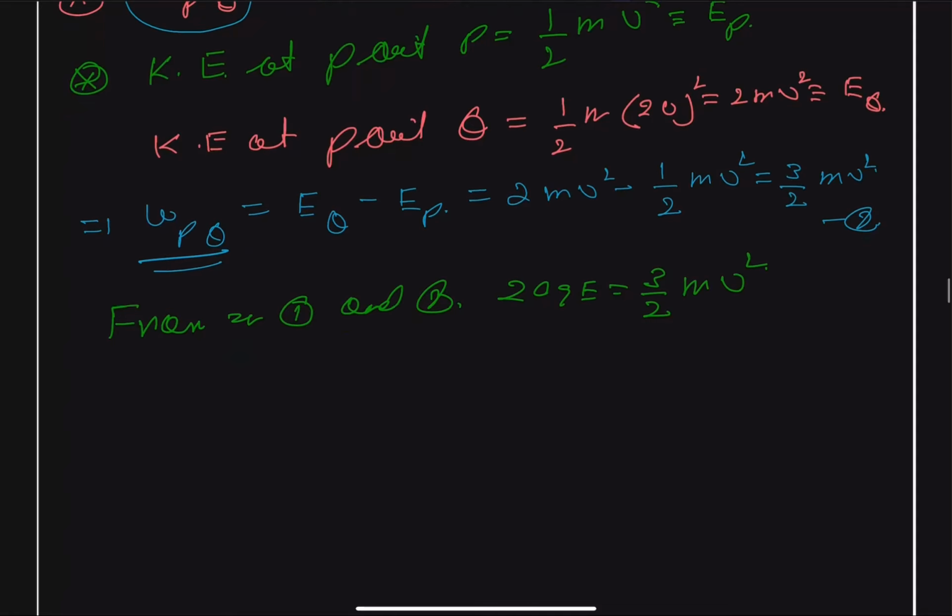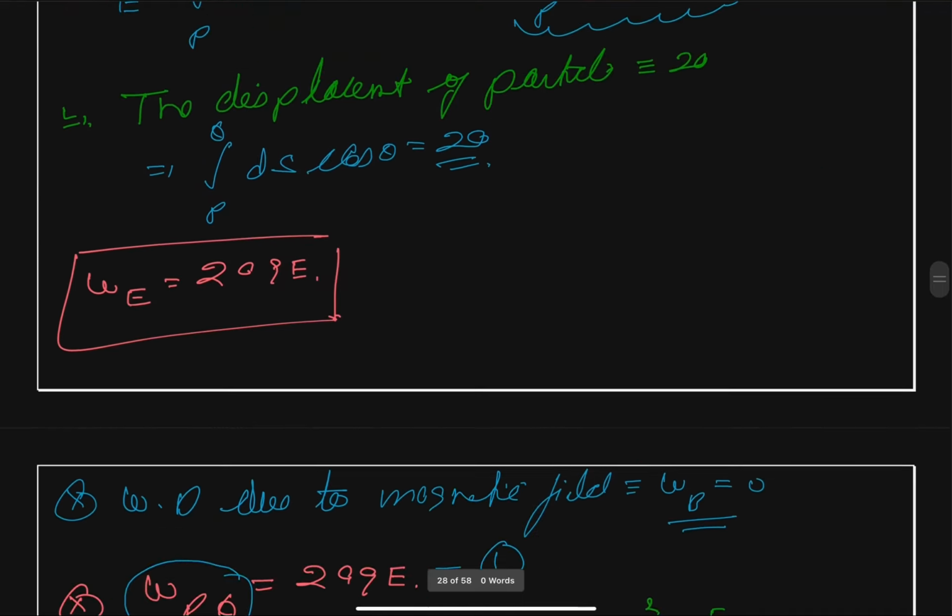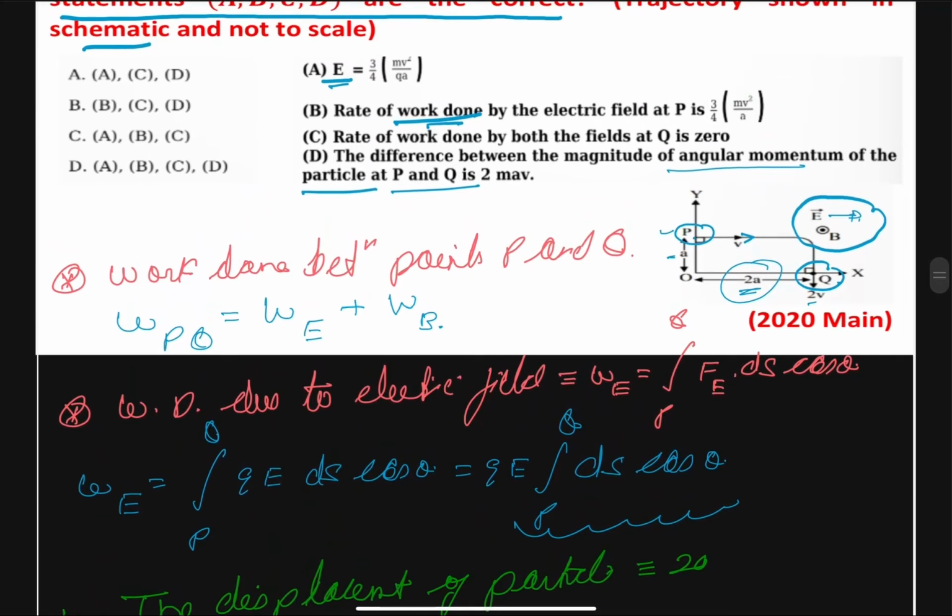Electric field is equal to 3/4 mv square divided by A multiplied by Q. So this was our part 1, that is electric field. Option A is correct.